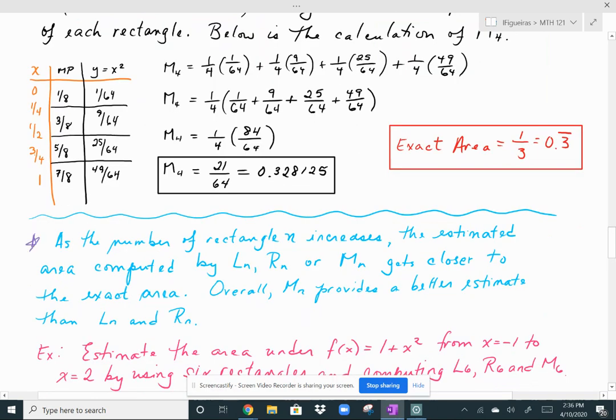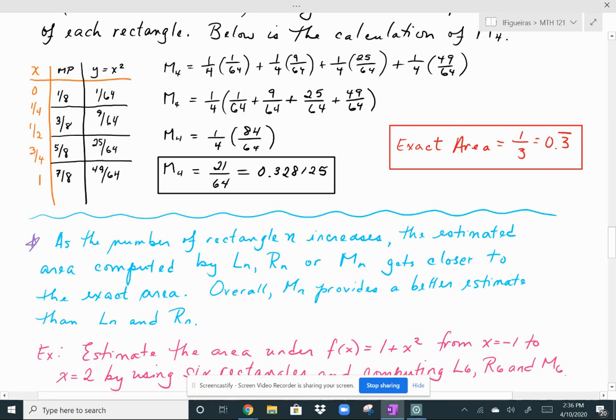This is an important concept. As the number of rectangles n increases, the estimated area computed by the left-hand endpoints, right-hand endpoints, or midpoints gets closer to the exact area, but overall, the midpoint calculation provides a better estimate than the left and right-hand ones.